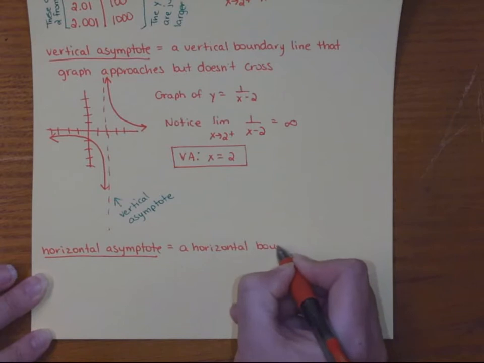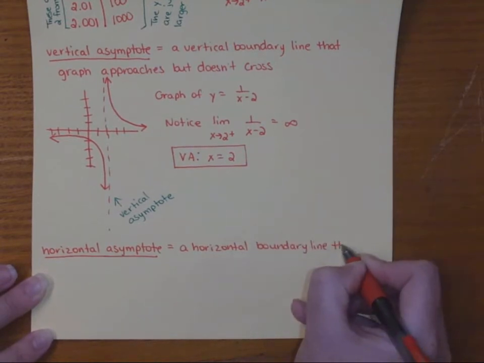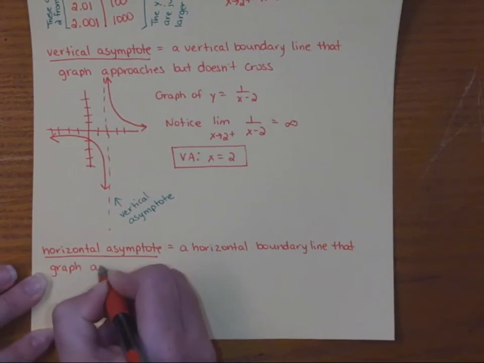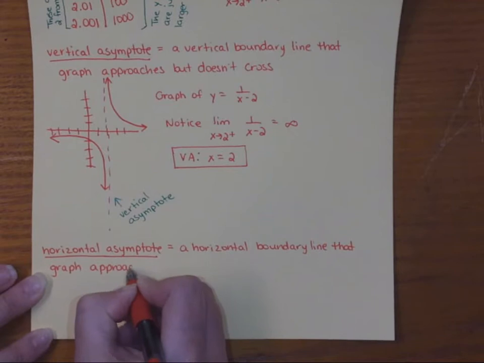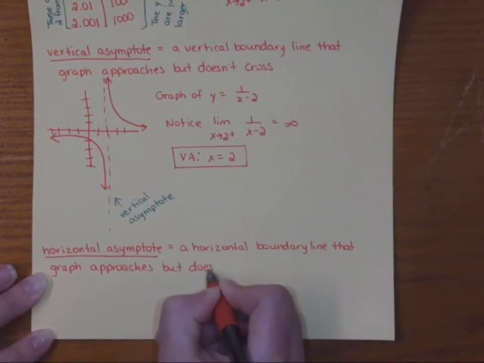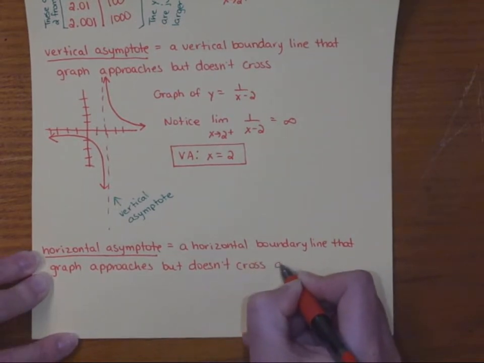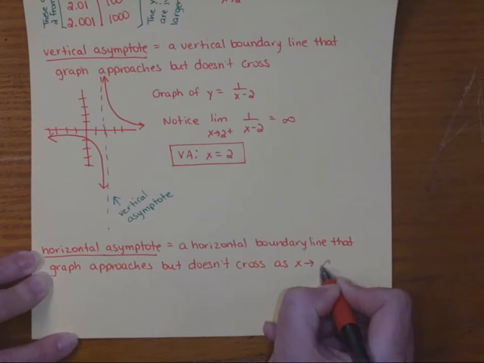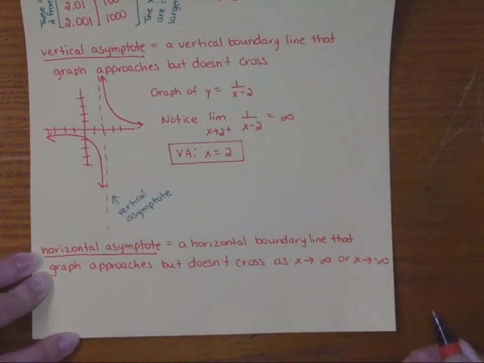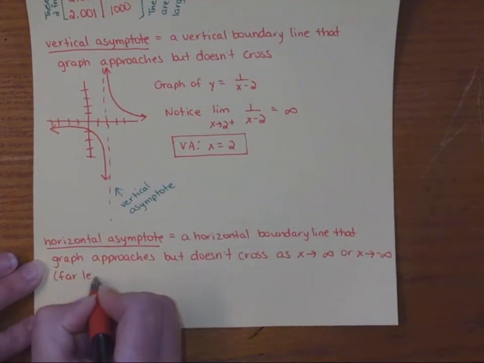It's a horizontal boundary line that the graph approaches but doesn't cross. But here's where it's different. It's only as x goes to infinity or as x goes to negative infinity. In other words, it's at the far left and the far right.